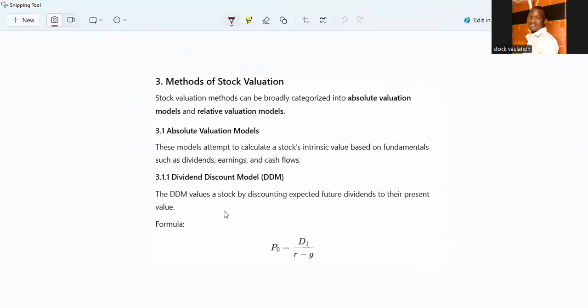The dividend discount model is used by discounting the expected future dividends to the present value. It's given by the value of stock, P0, the value of stock now, is equal to D1 over (R minus G). We should understand that D1 is simply equal to the dividend in year zero times (1 plus growth).